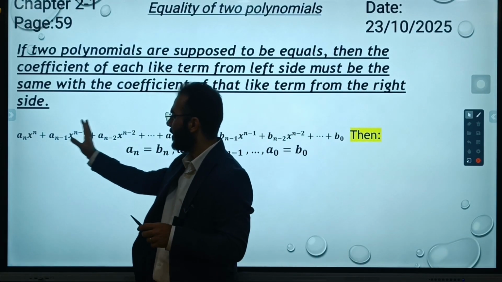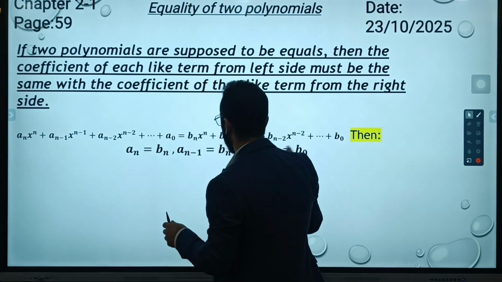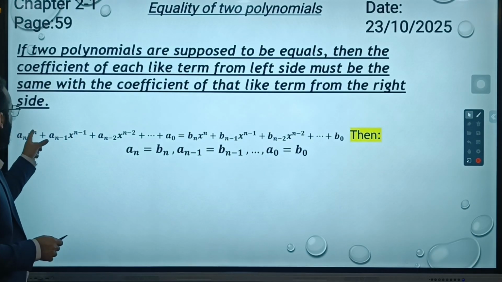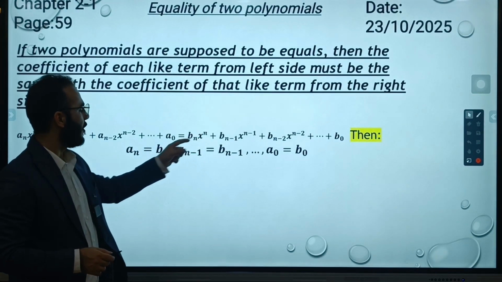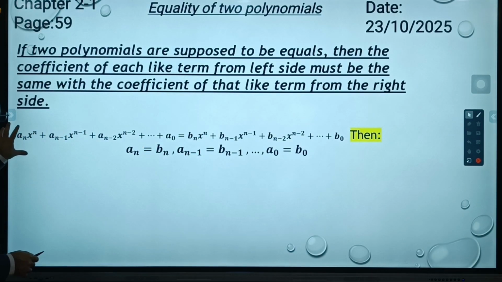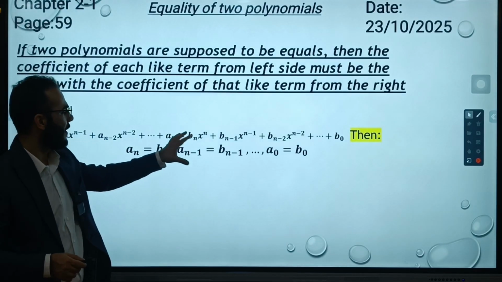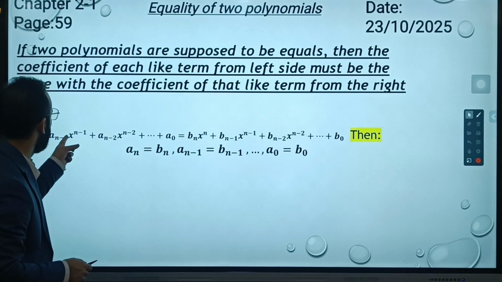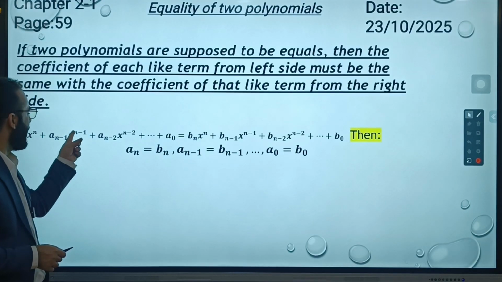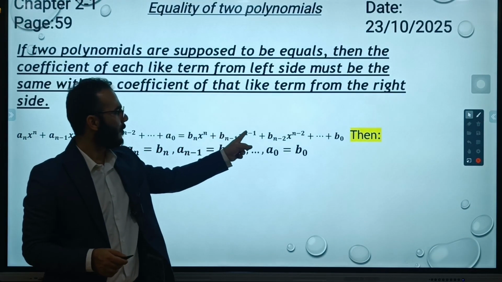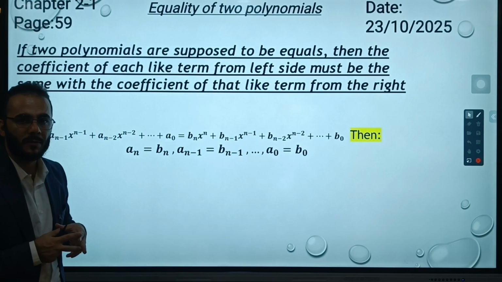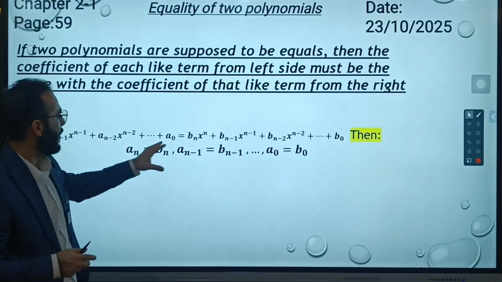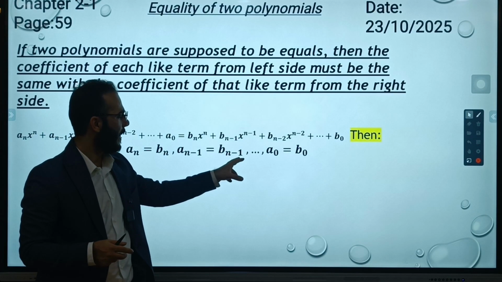When the left side is the same as the right side, the coefficient of each like term must be the same. For example, x to the power n and x to the power n have coefficients a sub n and b sub n, so they must be the same. For x to the power n minus 1, a sub n minus 1 must be the same as b sub n minus 1.